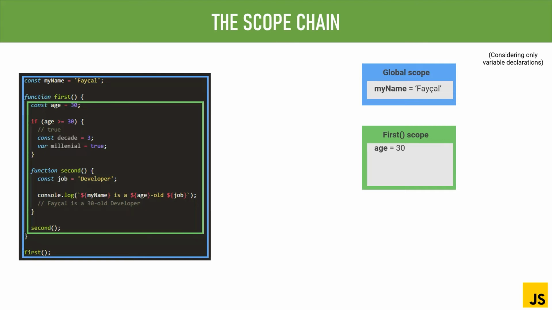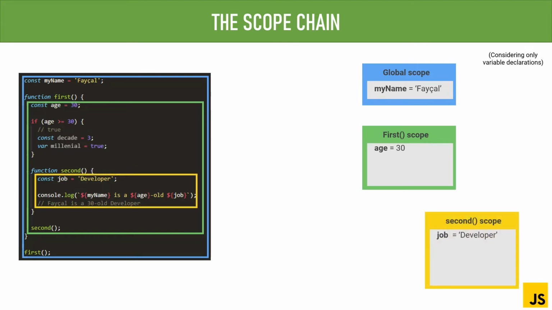Next, inside the first scope, let's now consider the second function, which will also create its own scope containing the job variable set to developer. As you see, we have a nested structure of scopes with one scope inside the other. But now comes the actually interesting part.